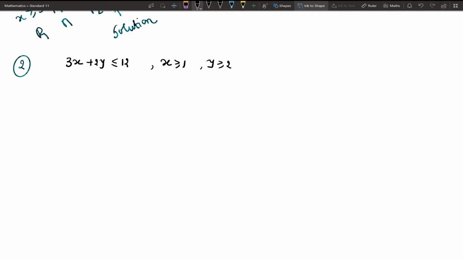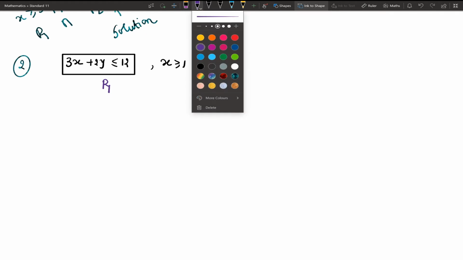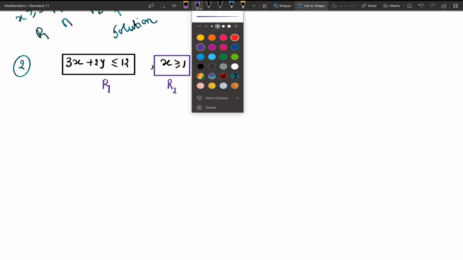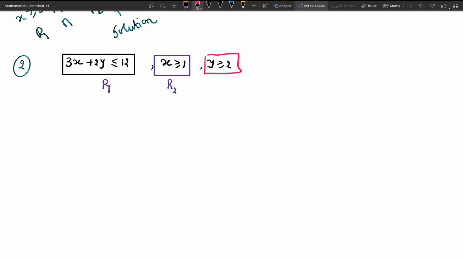Find out the solution graphically. So again, by the first inequality, we will get region R1. By the second inequality, x greater than or equal to 1, we will get region R2, and y greater than or equal to 2, by this one we will get region R3.